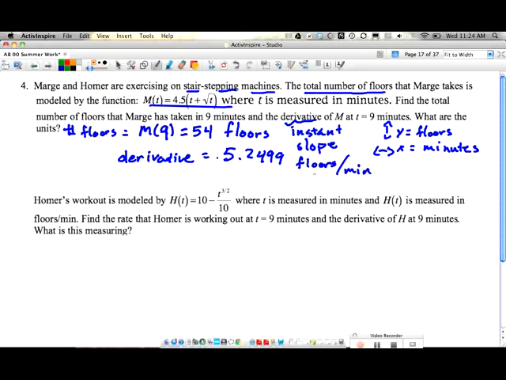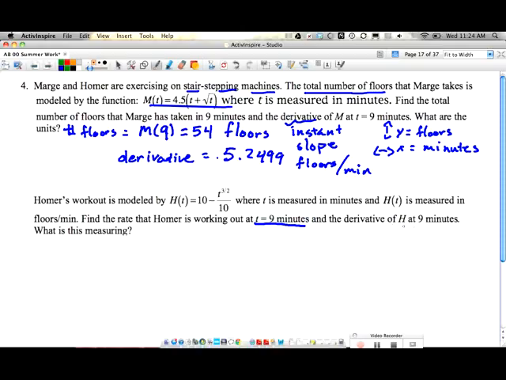Homer's workout is modeled by this. T is measured in minutes and h of t is measured in floors per minute. Find the rate at which Homer is working at t equals 9 minutes, the derivative of h at 9 minutes.